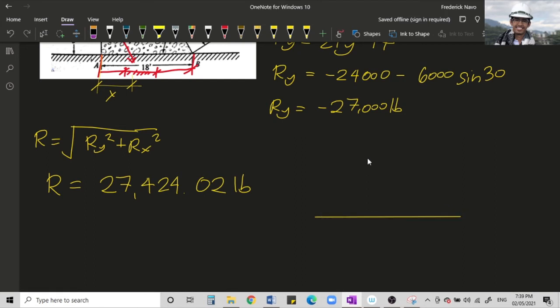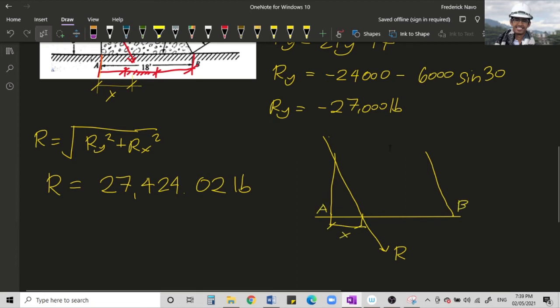So, if this is the base of our dam, okay. So, this is our dam. And the resultant is here. Okay. So, this is R. And hanapin natin yung X. Okay. So, this is point A and this is point B.